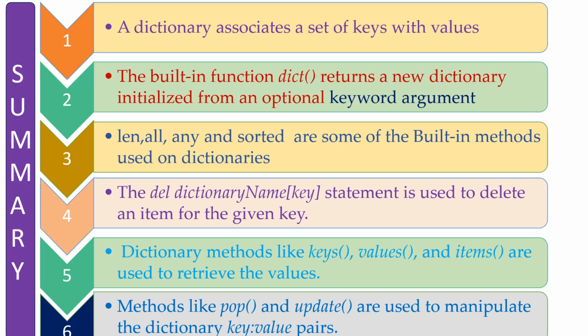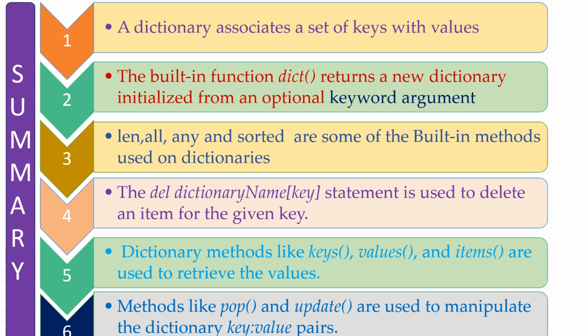To conclude, a dictionary associates a set of keys with values. The built-in function dict returns a new dictionary initialized from an optional keyword argument. Len, all, any, and sorted are some of the built-in methods used on dictionaries, and the del statement is used to delete an item for a given key.